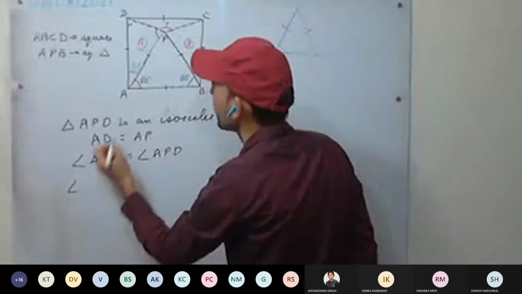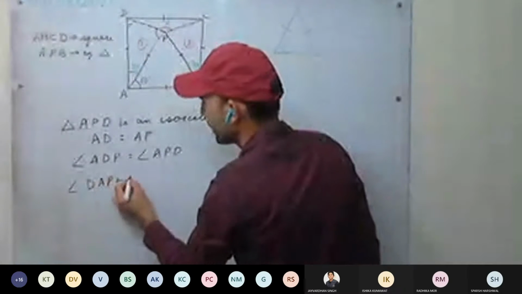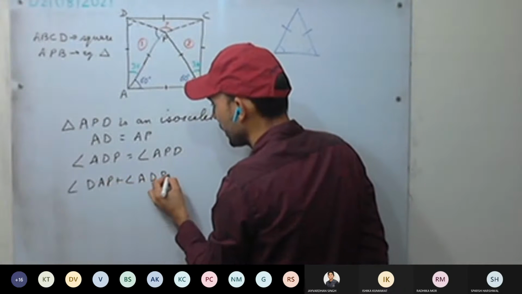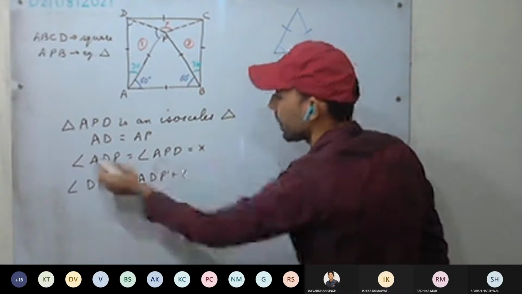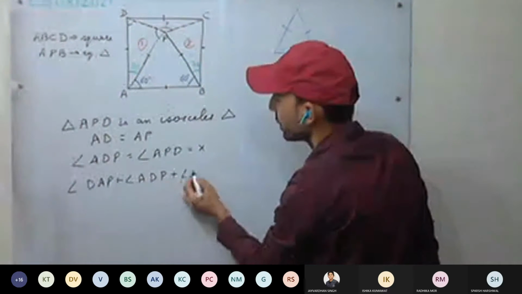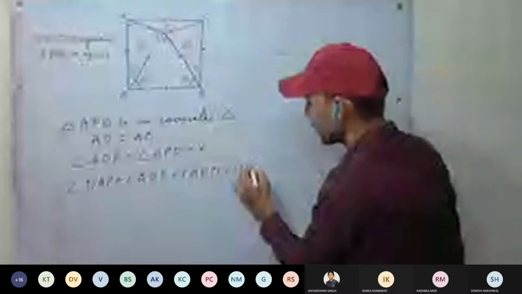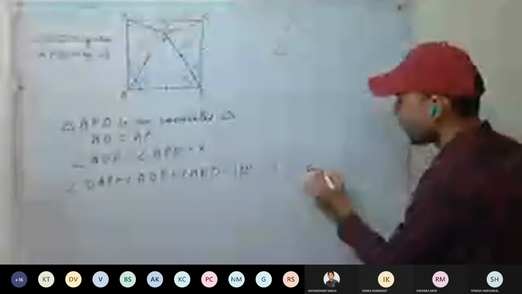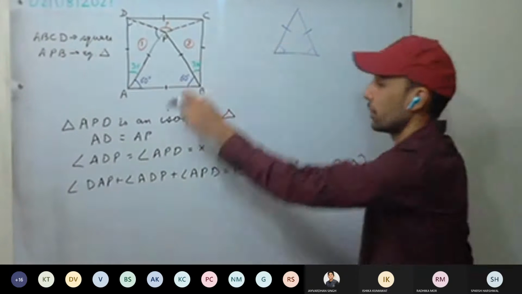So angle DAP plus angle ADP plus angle APD, which we can take as X, is 180 degrees, by the angle sum property of a triangle.